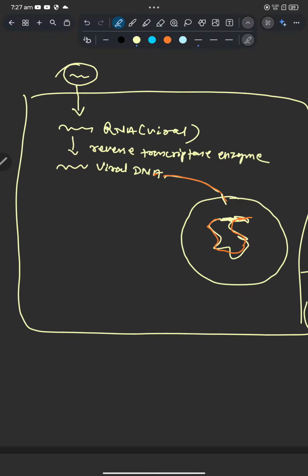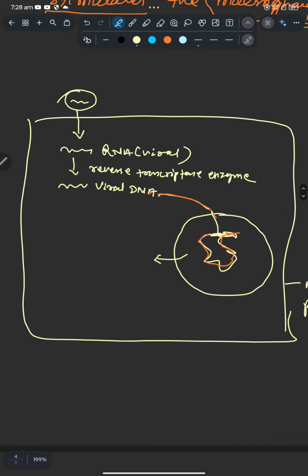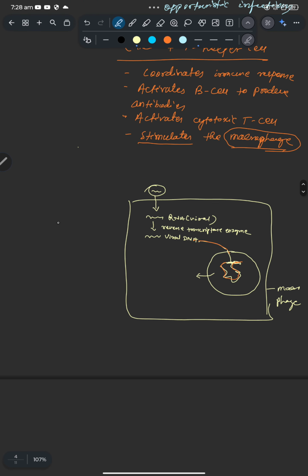Inside, it replicates using the machinery of the host DNA and produces a number of RNA particles.